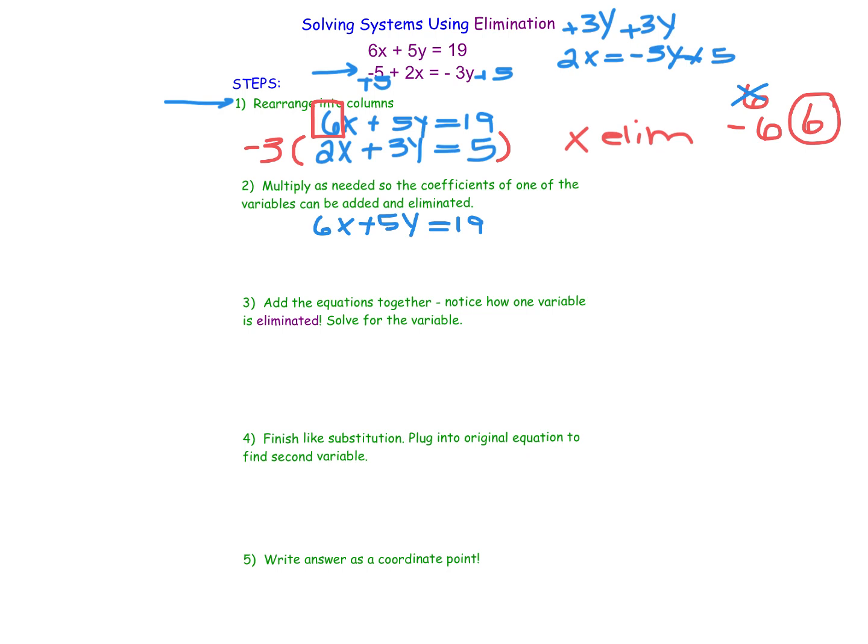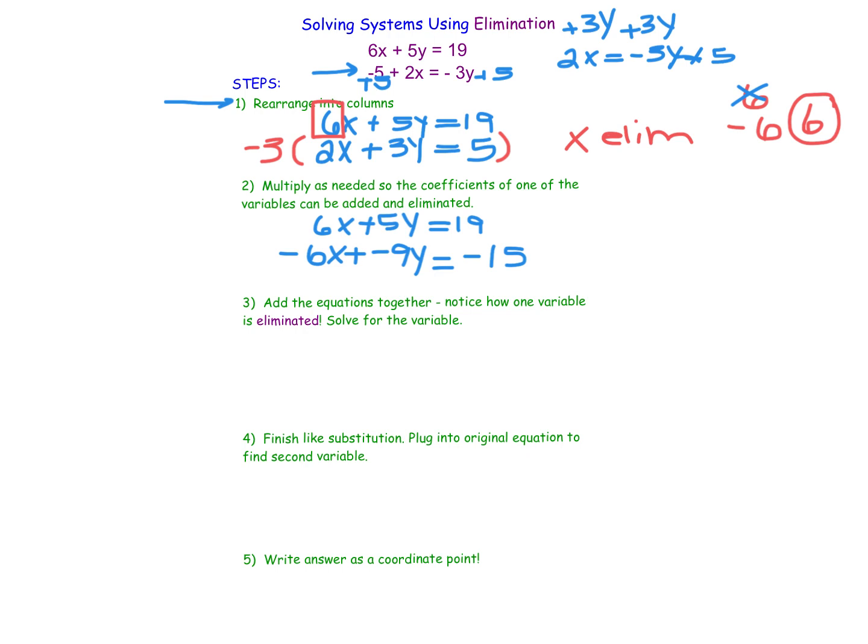So here I have 2x times a negative 3, which is a negative 6x, plus negative 3 times 3 is a negative 9y, is equal to negative 3 times 5, which is a negative 15. So notice here that I've now rewritten this, so elimination is a great strategy to use.